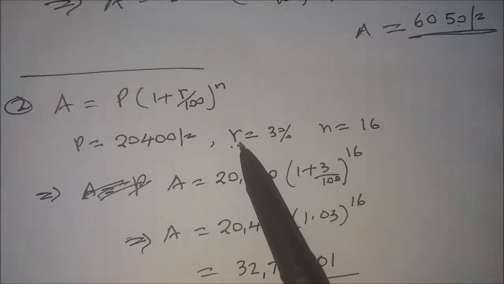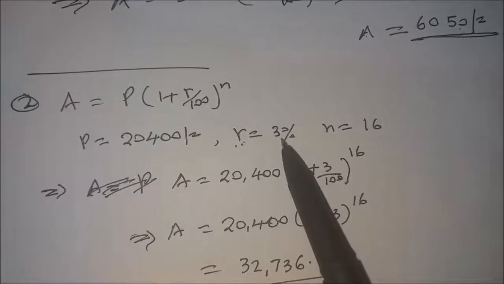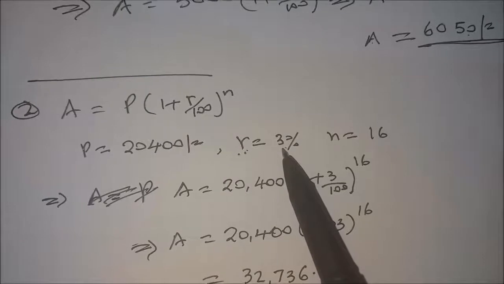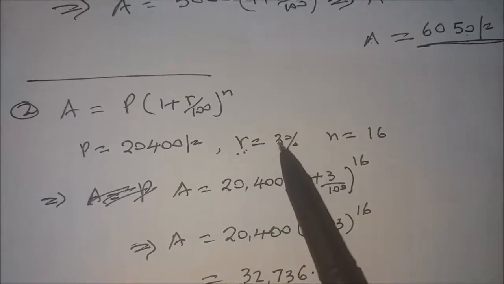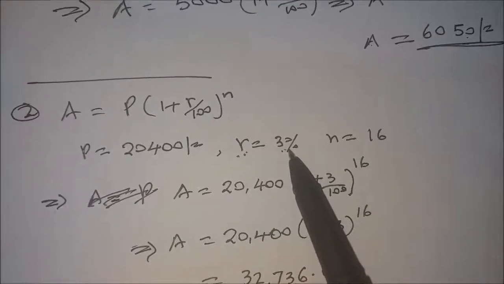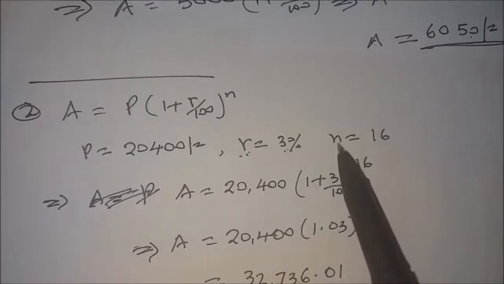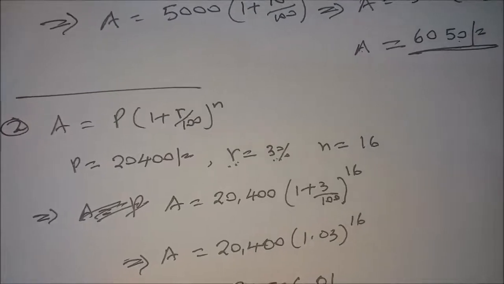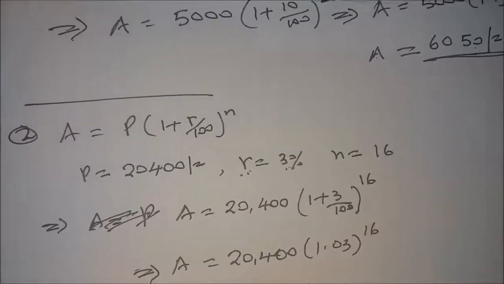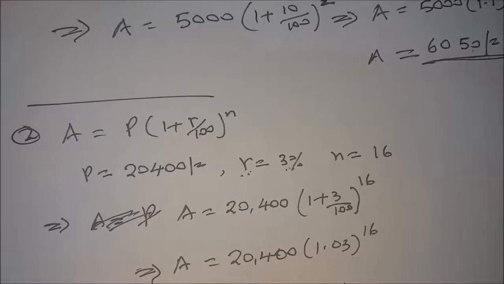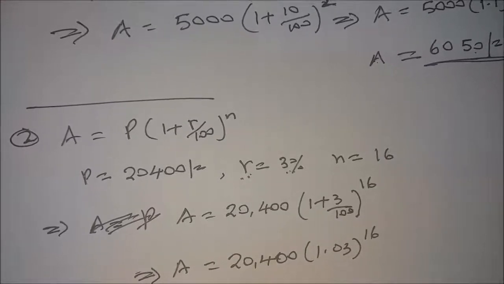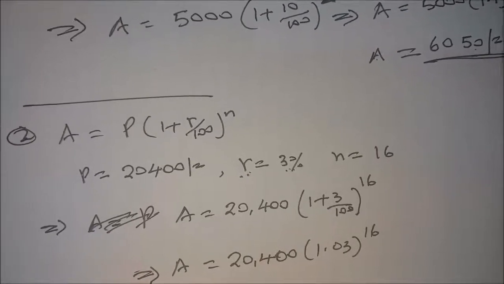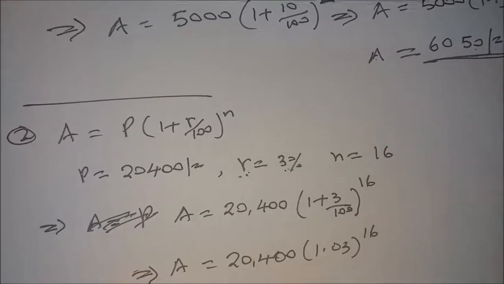So in 1 interest period, the rate will be 3%, that is 12 divided by 4, because in 1 year, interest is calculated 4 times. So we use the rate of 3% for every 3 months, and in 1 year, we have 4 interest periods. So in 4 years, we will have 16 interest periods, and therefore our value of n is 16.